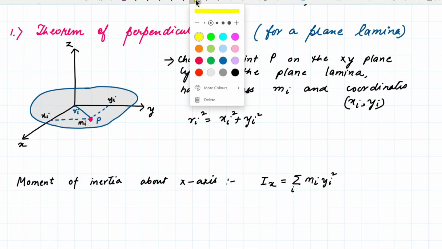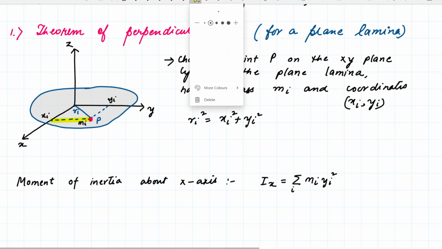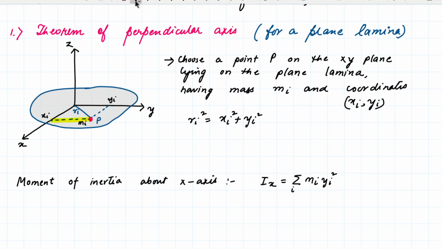The distance of each mass element from the x-axis is yi. Therefore, the moment of inertia about the x-axis is summation over mi yi square.